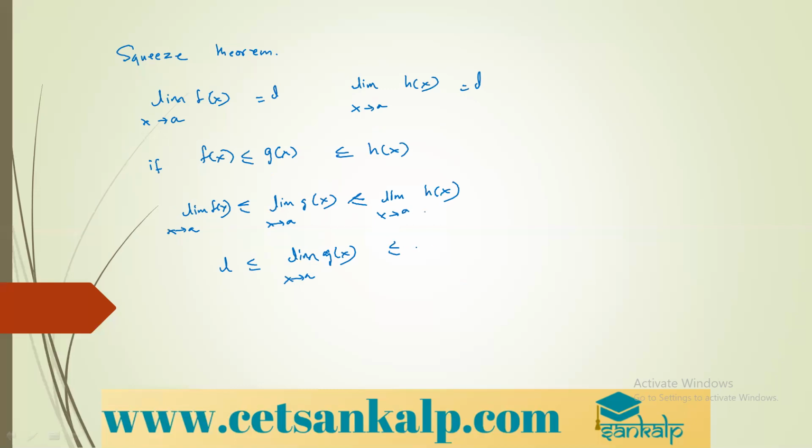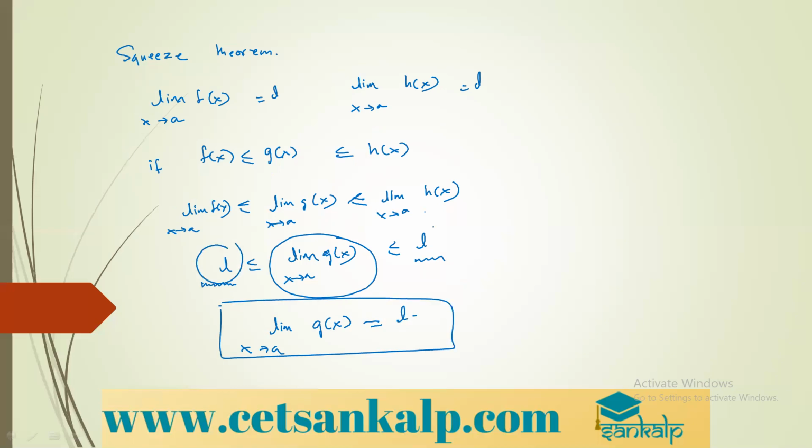Again, limit of h of x as x approaches a is L. That means limit of g of x as x approaches a has to be between L and L, and between L and L we can't find any number other than L. So we have no alternative but, by the squeeze theorem, limit of g of x as x approaches a will be equal to L only. This is called the squeeze theorem.